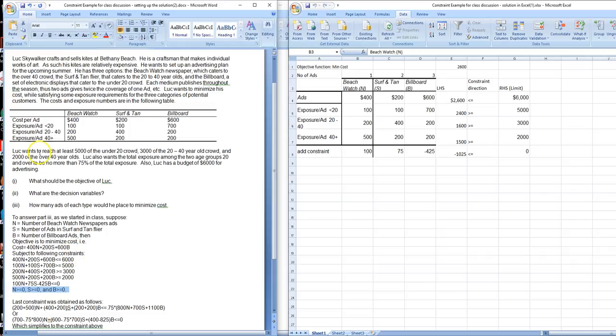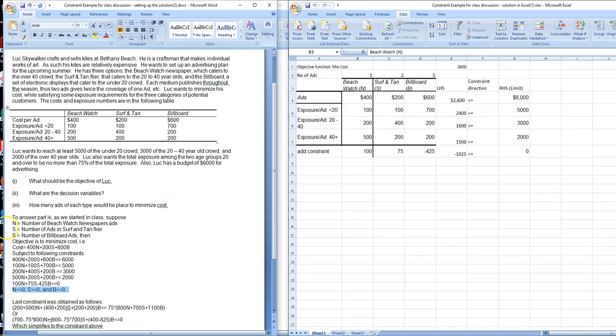Then you also know that Luke wants to reach at least 5,000 of under 20 crowd. Now, regarding under 20 crowd, each Beach Watch ad reaches 100, Surf and Tan ad reaches 100, but billboard ad reaches 700.